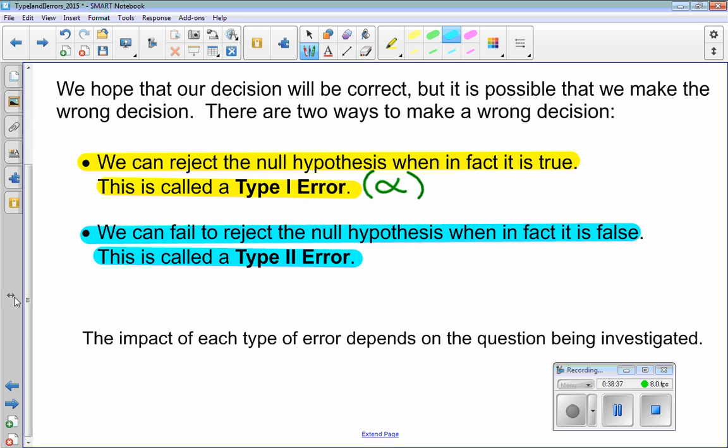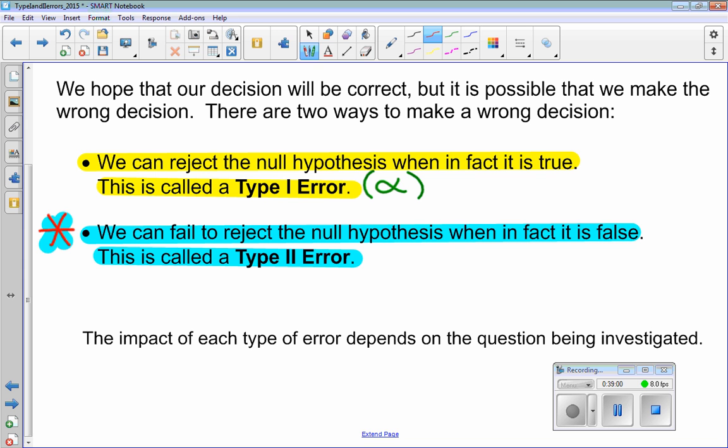It's a worse error to have. So I'm going to put a star by it, because usually it has a bigger impact. So it's a worse situation. When you say it's a worse situation, it means in the context of the problem. So we're getting ready to look at that, okay? So you'll see what I mean. Okay? Can I move on to the next page?